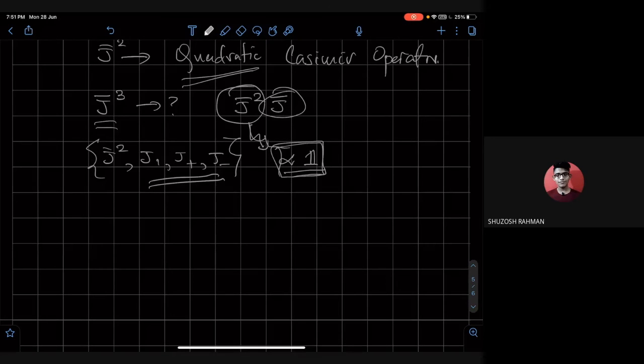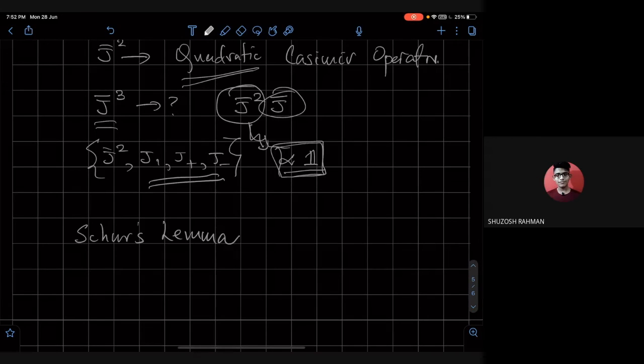And how do we know this? Well, we know this intuitively because we can see that all the states have the same eigenvalue, right? And also because we have something called Schur's lemma.